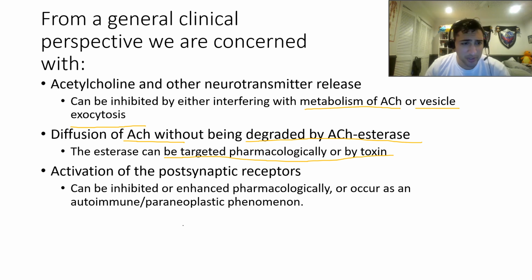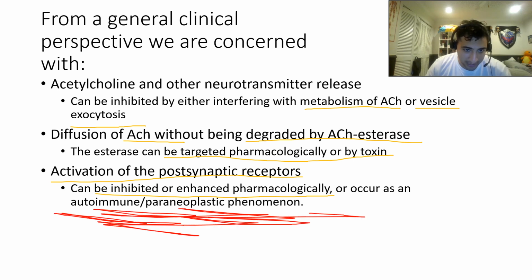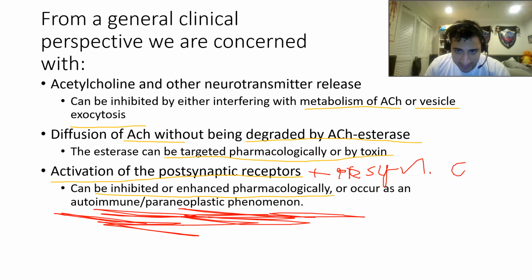And we're also concerned with activation of postsynaptic receptors, which can be inhibited or enhanced pharmacologically, and very importantly, can occur as an autoimmune or paraneoplastic phenomenon. The presynaptic channels can be affected as well. So I would want to add here, not just activation of the postsynaptic receptors, but the presynaptic channels as well. All right, that's going to be very important when we talk about the myasthenic syndromes.